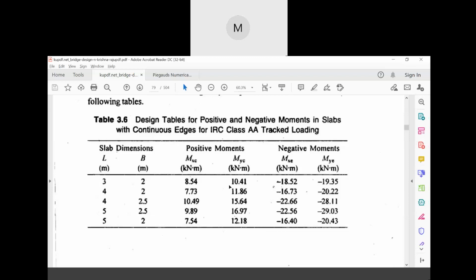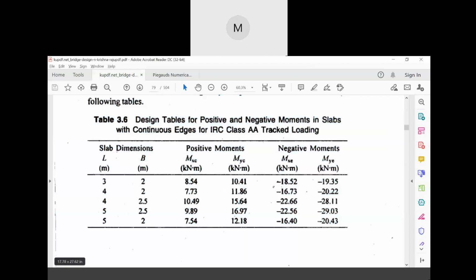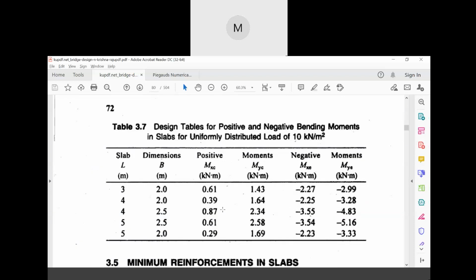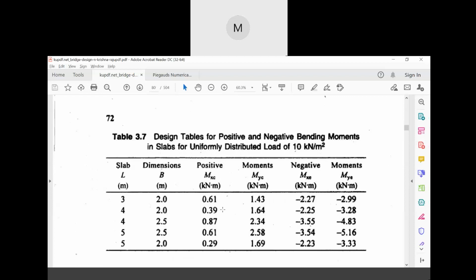So once you are done taking the screenshot of this, we'll go to the next. Take a screenshot of this. You might require these tables while solving numericals.